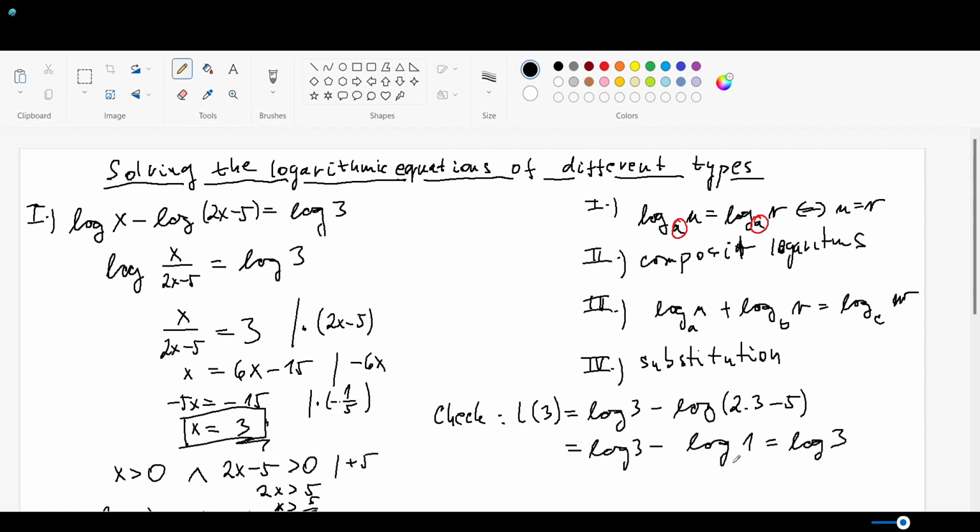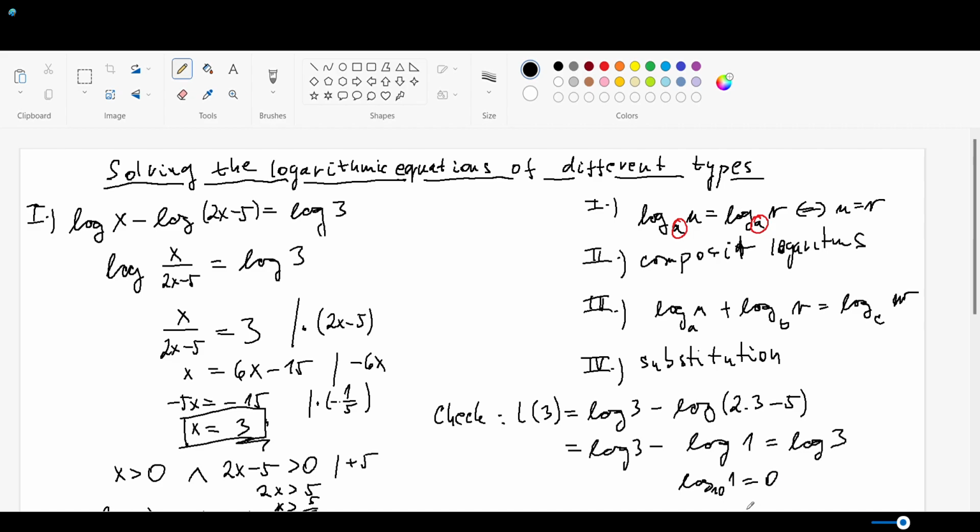Because log 3 is log 3, but log, this is like the definition of the logarithm, log base 10, I will write it here, of 1 is equal to. So the question is, what is it equal to?